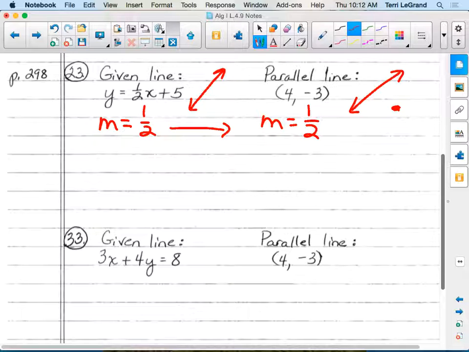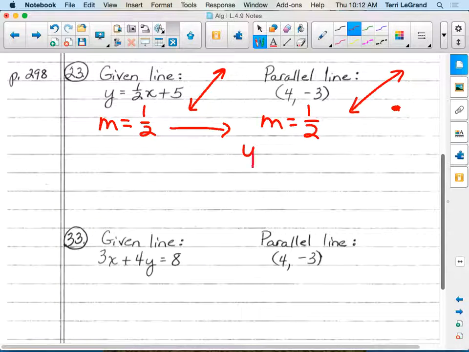So now what we're going to do is what we've been doing before. How do we find the equation of the line in slope-intercept form? We don't know what the y-intercept is, but we don't even have to know right now, we can use point-slope form. We can use this point that is supposed to be what the line goes through, and this slope, and we'll write point-slope form.